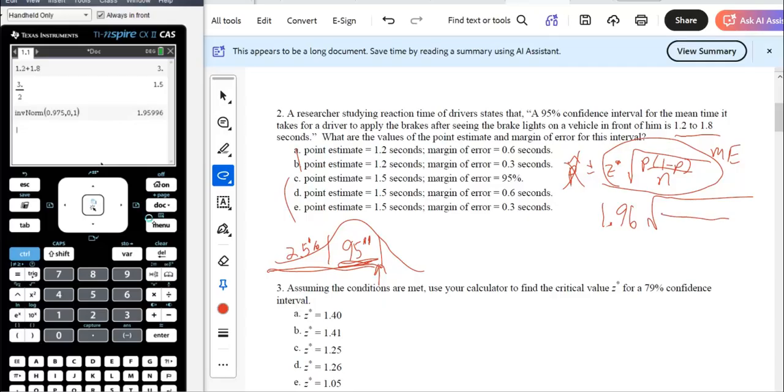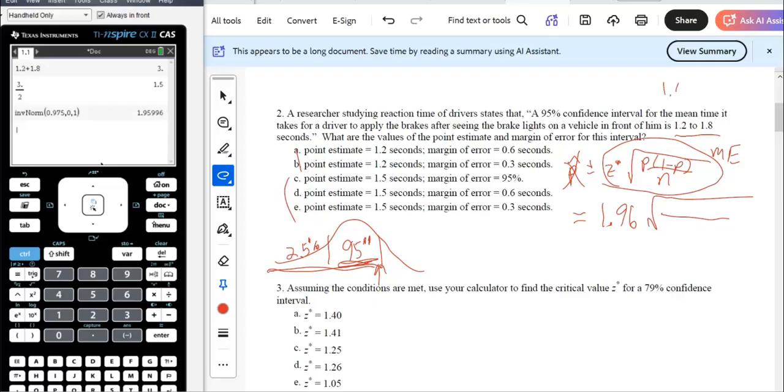So then p was, I think in this one, the mean time it takes drivers to see lights in front of them. The margin of error, we know what the distance is, right? So this is equal to the margin of error. Well, what's the margin of error?